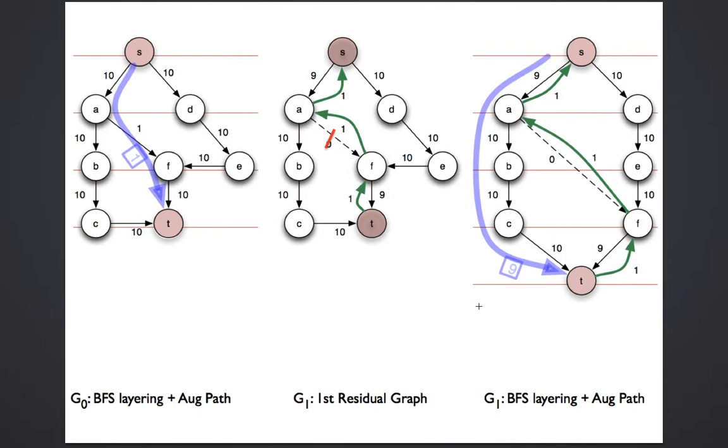These reverse edges are useless for creating a path of the same length, and because they go back up a level, any path that uses one of the reverse edges must use two more edges than the shortest augmenting path that we just used.